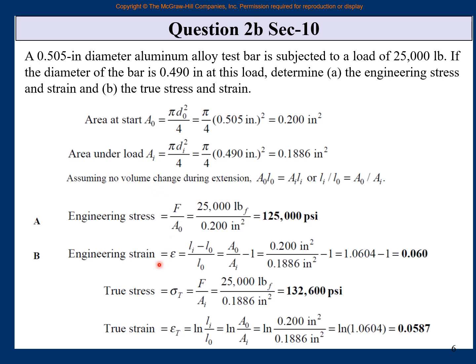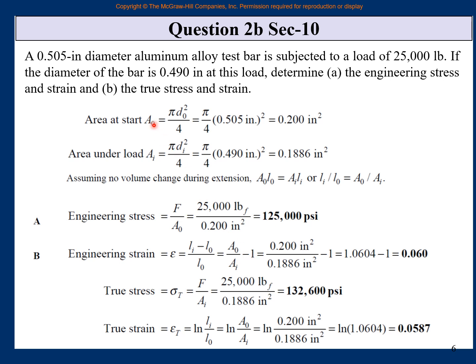Engineering strain is delta L upon L naught, which is Li upon L naught minus 1, and since Li upon L naught is A naught upon Ai, strain is A naught upon Ai minus 1.